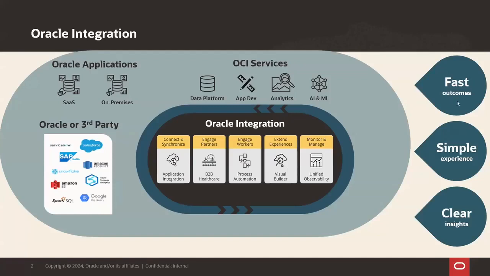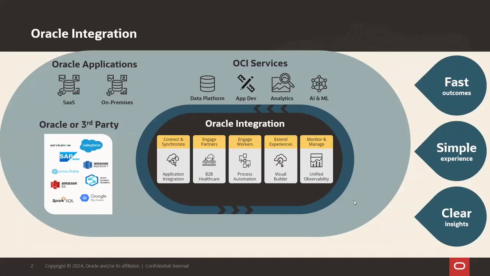With Oracle Integration, we'll be able to achieve quicker results and get faster time to market with pre-built connectivity. Today's session is all about this, pre-built connectivity. Because we have created OIC, Oracle Integration, with cloud in mind, it's going to be a much simpler and clearer experience, which can make us more productive.